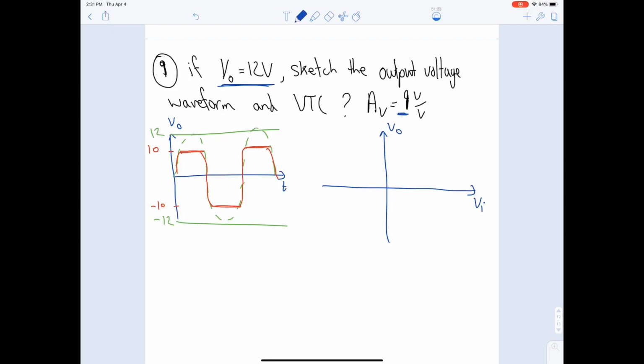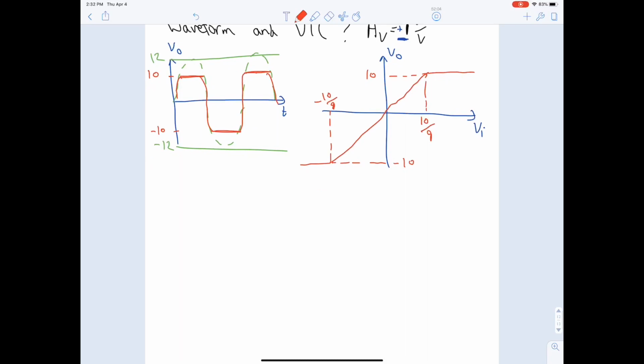It's positive 9, so it will be in this direction. I don't know why the line is squiggling. Anyhow, it's just a sketch. The saturation limits are still 10 and minus 10. It did not change. And the X values, we computed earlier: 10 over 9 and minus 10 over 9. Okay, so we're done for this question. Let's move on.